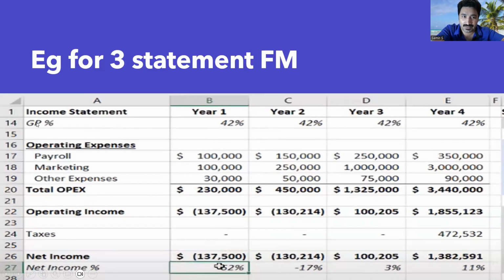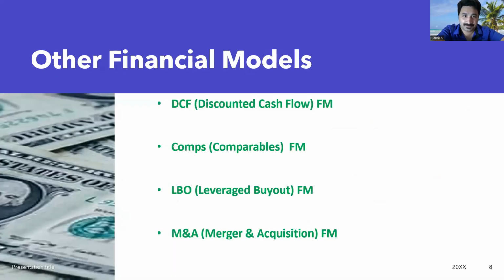So here the growth percentage is 42%. Now it is again 42%. In the third year it will be 42% or more, based on other numbers, right? That is what the entire concept of financial modeling is all about. And then we are predicting the fourth year, and then the fifth year, right? So this is an example of how the financial model will actually look.